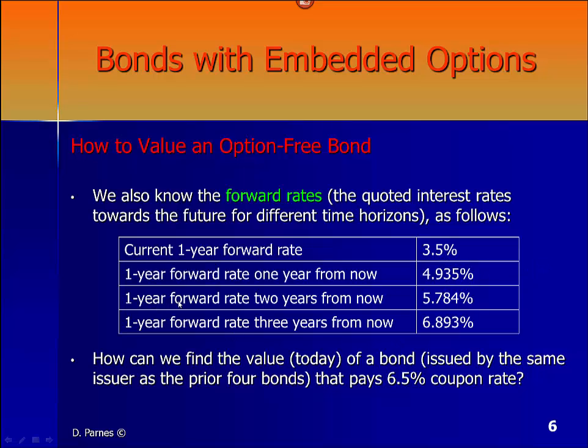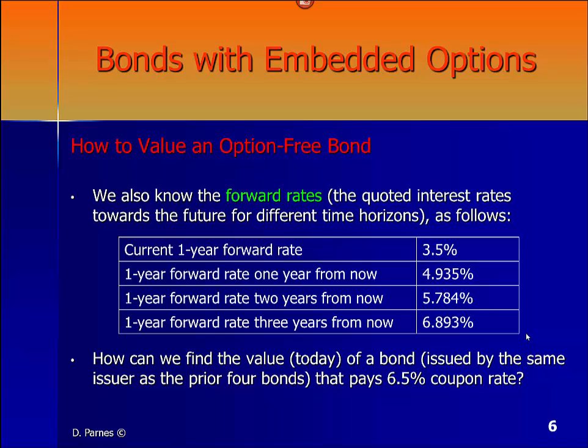The 1 year forward rate 2 years from now, which means that it will start 2 years from now, but it will last for 1 year, is 5.784%, and 1 year forward rate 3 years from now is 6.893%.